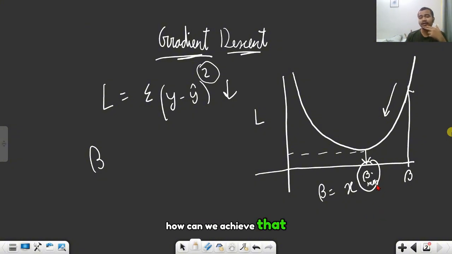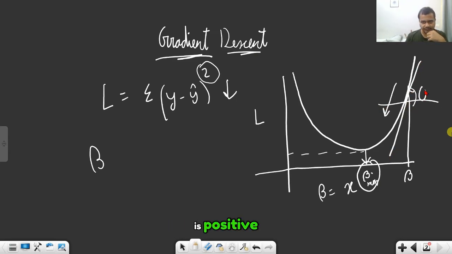How can we achieve that? If we observe closely, here the slope of this graph is positive, since tan theta is less than 90, and we can see from the x-axis that beta min is less than beta. So what can we do? We want to move downwards.